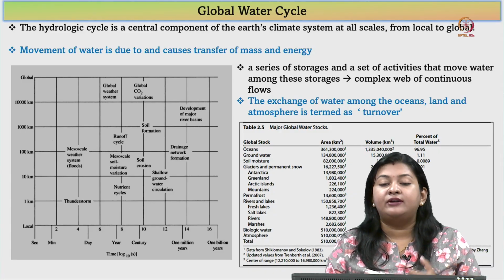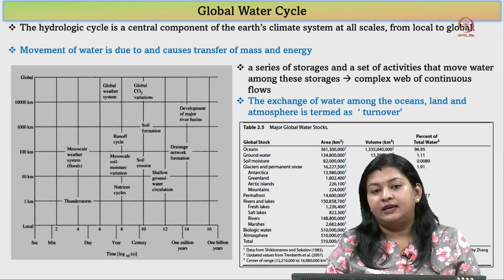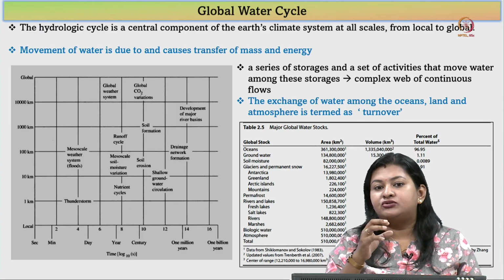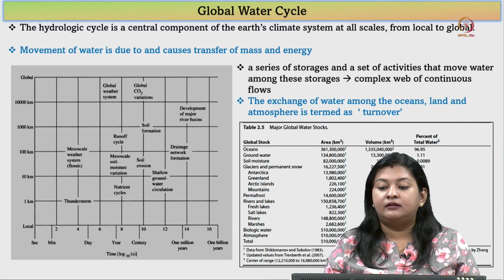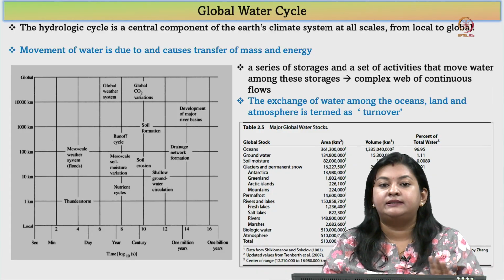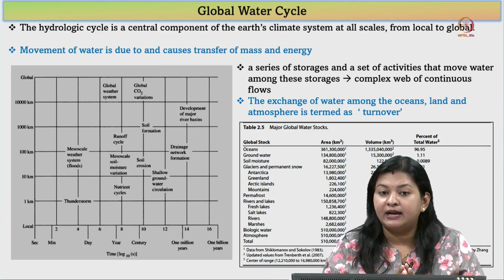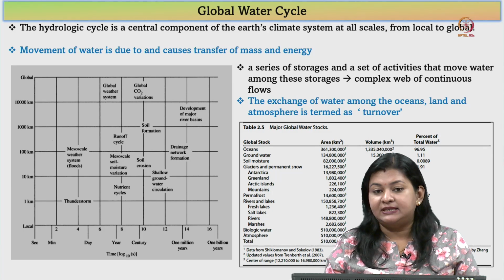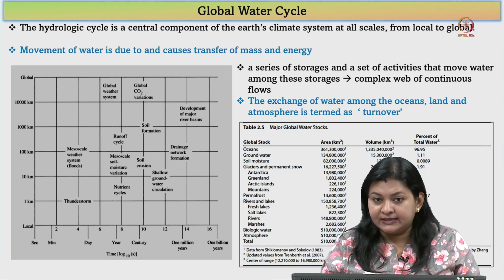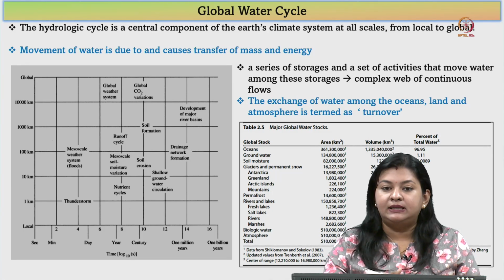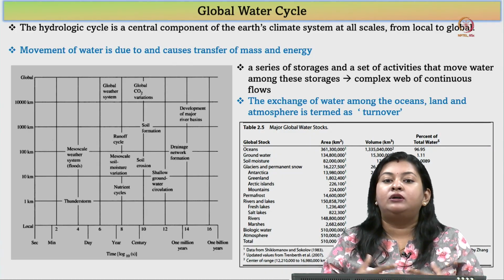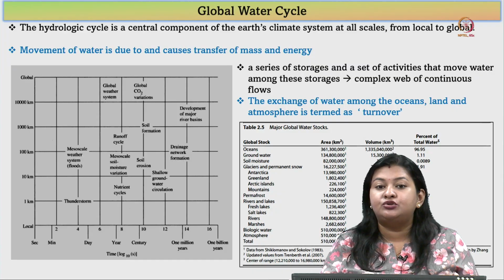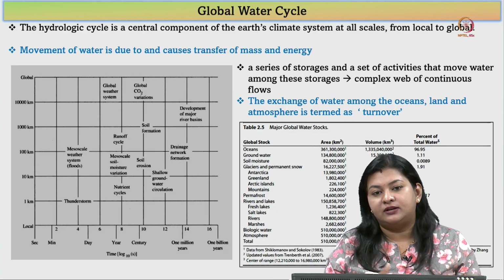So, the hydrological cycle is extremely important for the earth's climate, at all time scales. What do I mean by all time scales? That means from day to day scale to monthly scale to yearly scale and to the long term, like 30 years, 40 years, to millions of years of scale.